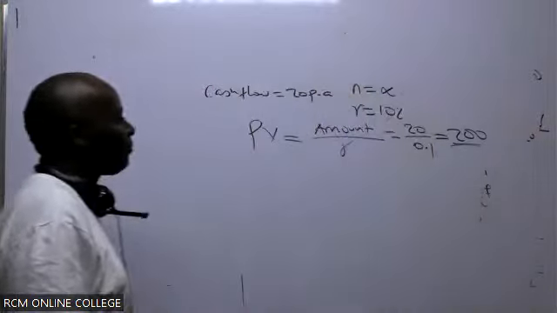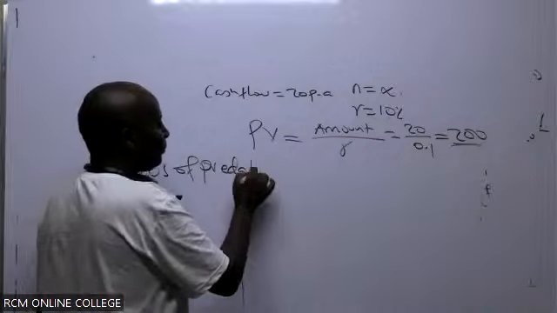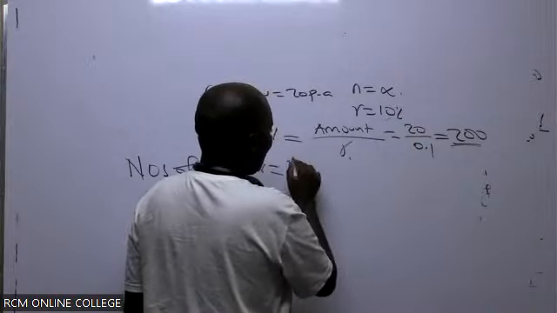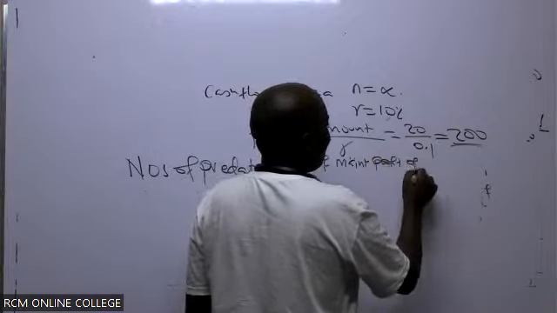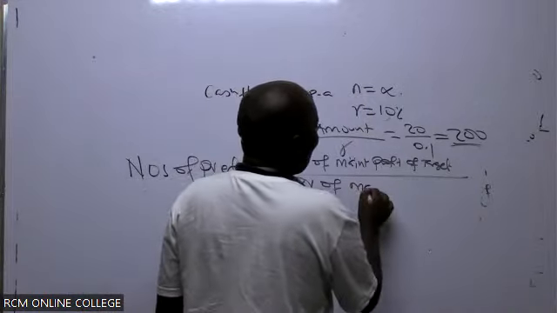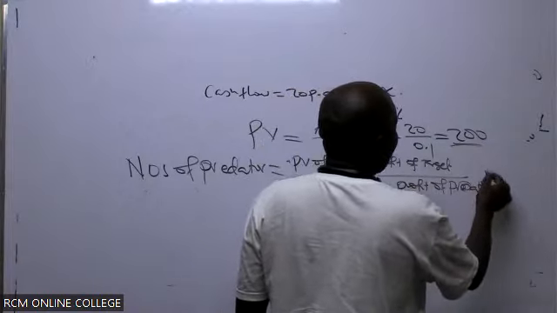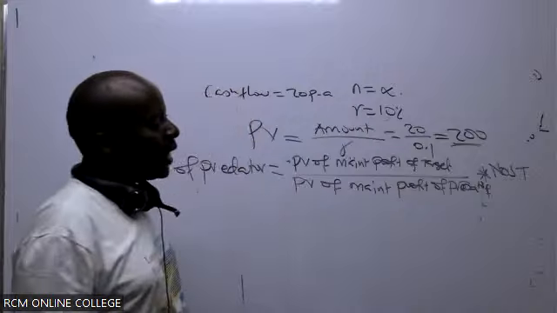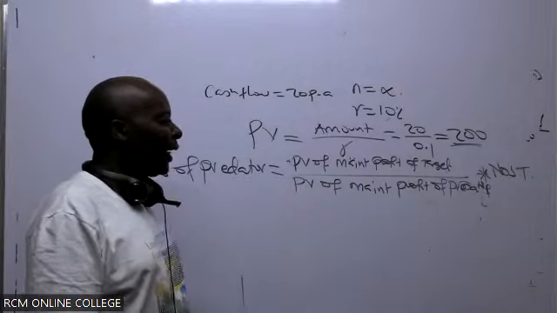Meaning that the number of shares of the predator will be equal to the present value of maintainable profits of the target, because we must start with the target up there, all over the present value of maintainable profit of the predator, times NoT. NoT is normally the number of shares of the targeted company.